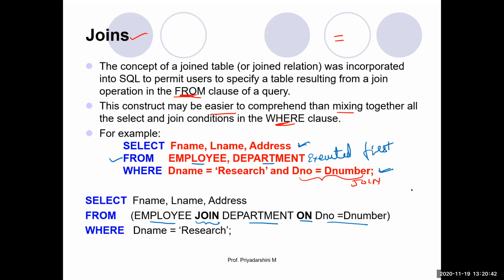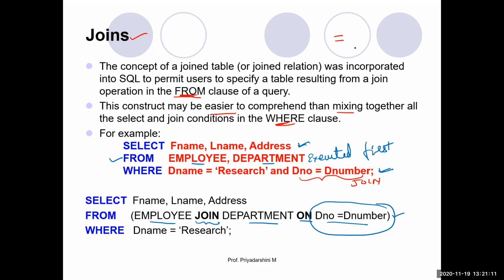Only the rows where D number equals D number will be displayed. I assume at least 10 to 20% of the rows will be reduced compared to the first one, based on the join condition.